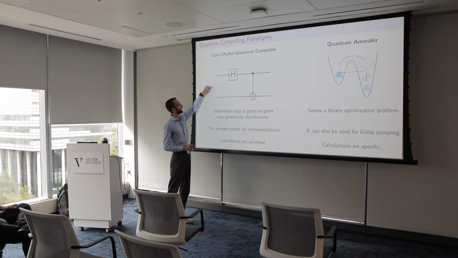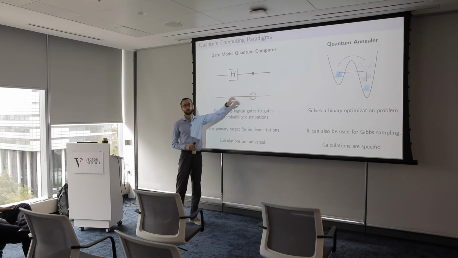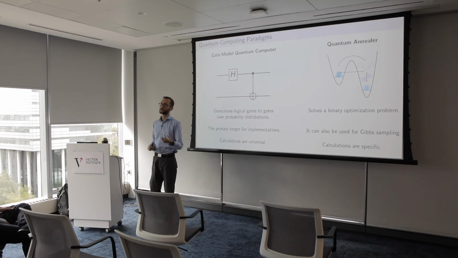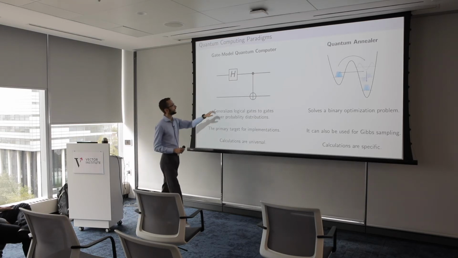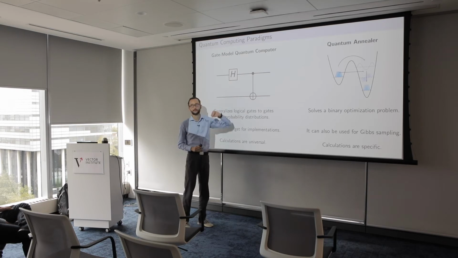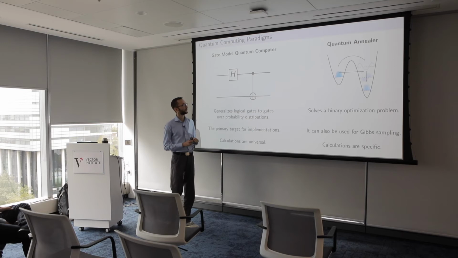So this is the case where you have a qubit here, and then you operate with gates over these qubits. A qubit is a distribution between 0 and 1, a quantum distribution between 0 and 1. So what these gates do is they operate over these probability distributions to transform them in a particular way.